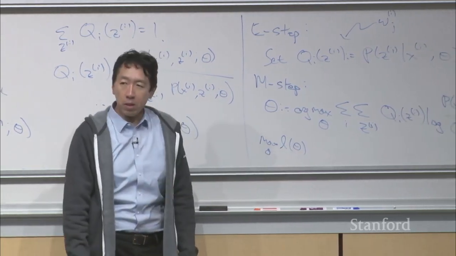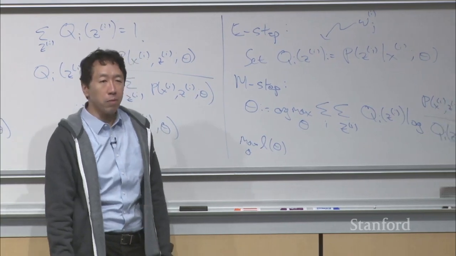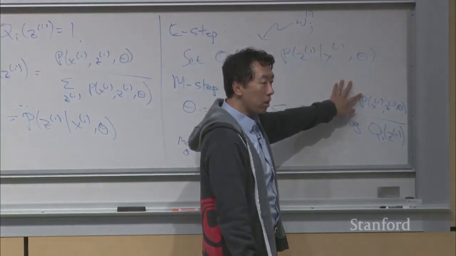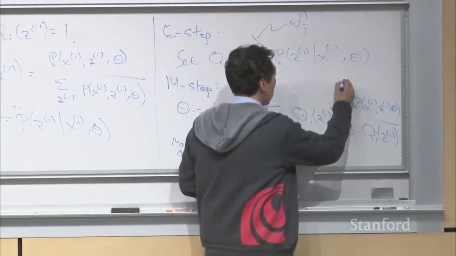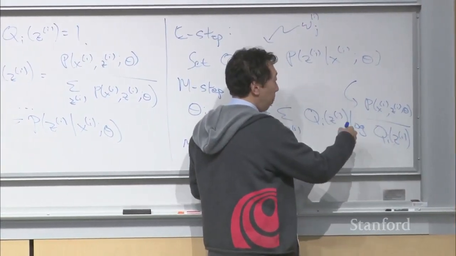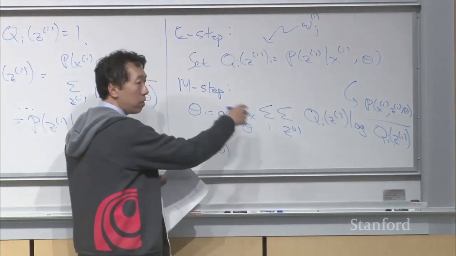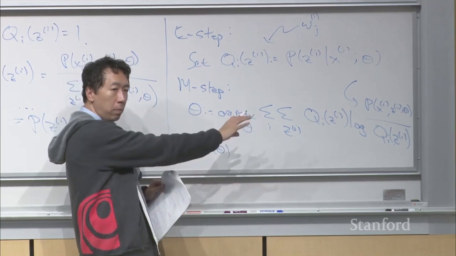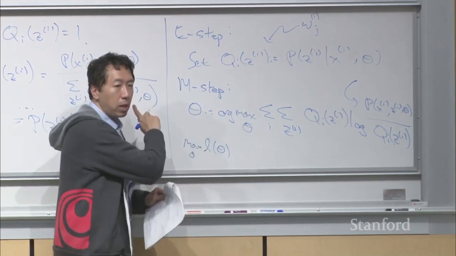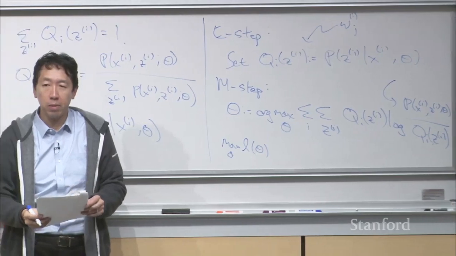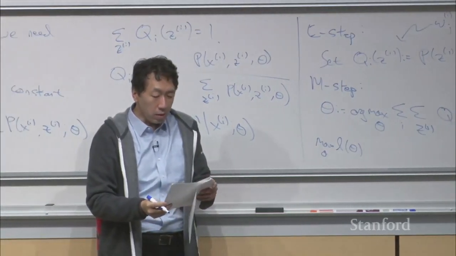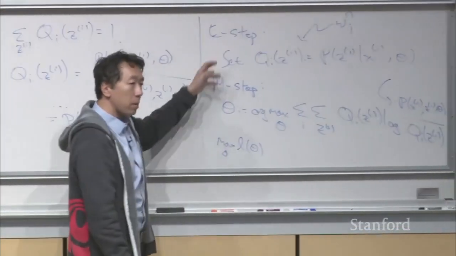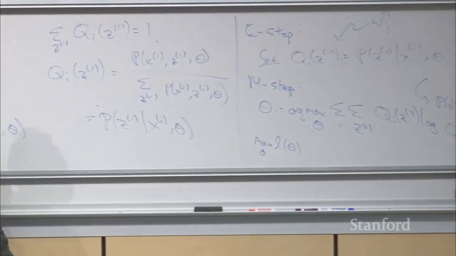But you find that for the mixture of Gaussians model, and for many models including factor analysis, which we'll talk about on Wednesday, if you plug in the mixture of Gaussians model for P, take derivatives, set derivatives equal to 0 and solve, you will be able to find an analytic solution to maximize this M step, and it'll be exactly what we had worked out in the early derivation of the EM algorithm.